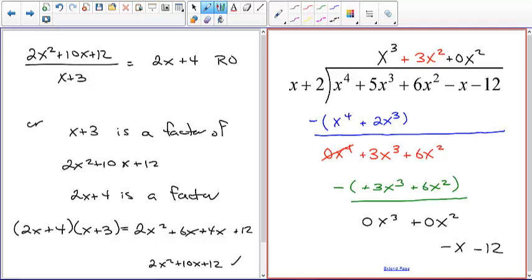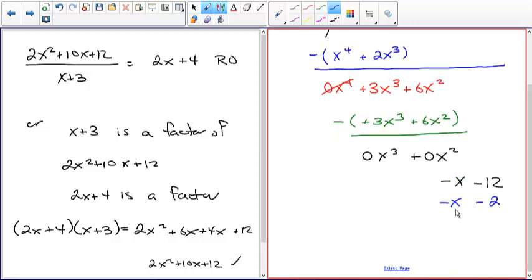So next I say, okay, what do I need to multiply x by to get negative x? Well, the answer is negative 1. So negative 1 times x is negative x. Negative 1 times 2 is negative 2. And I subtract that.